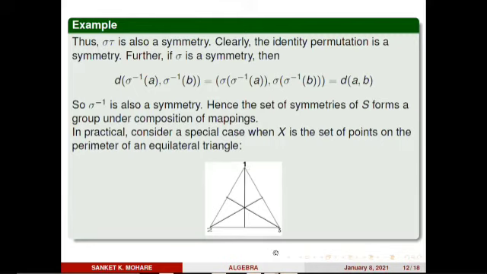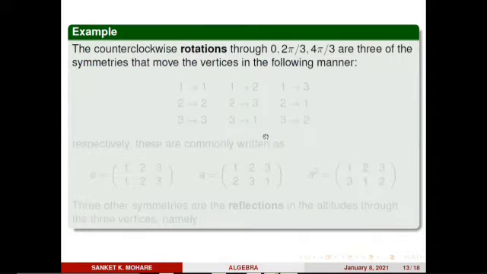So 60 plus 60, how much? 120. So for 120 degrees, this one goes to where? 2. So while moving the triangle, as 1 goes to 2, then at 120 degrees, 3 goes to where? This is 60, this is 60, so 120. So 3 goes to 1. And similarly, 2 goes to 3. Here 1 goes to 2, 2 goes to 3, and 3 goes to 1, at 120 degrees.